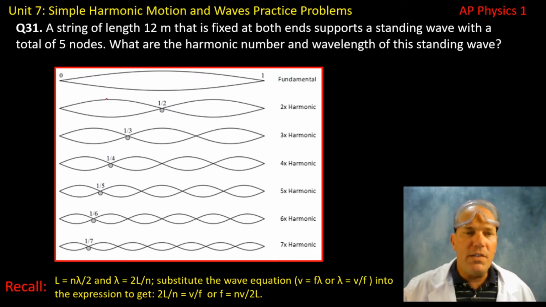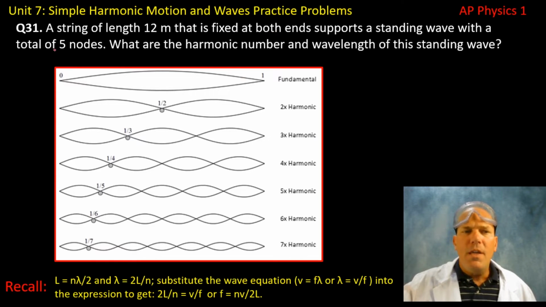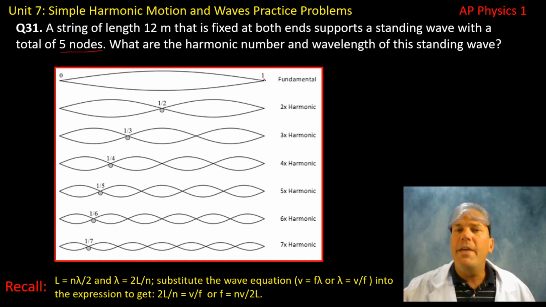As you can see here, we have the fundamental, n equals 1. But for this problem, we have 5 nodes. Well, for the fundamental, we have 2 nodes. For n equals 2, we have 3. For n equals 3, we have 1, 2, 3, 4.